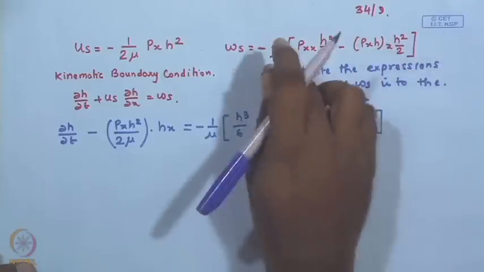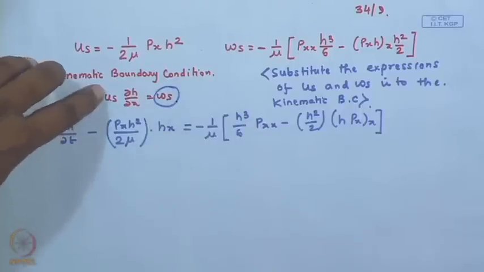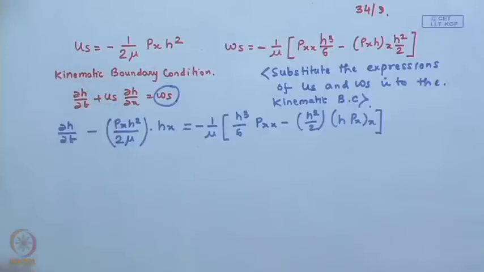So, you just substitute this expression on the right hand side, which contains the Ws, and on the left hand side you have Us into ∂H/∂x.